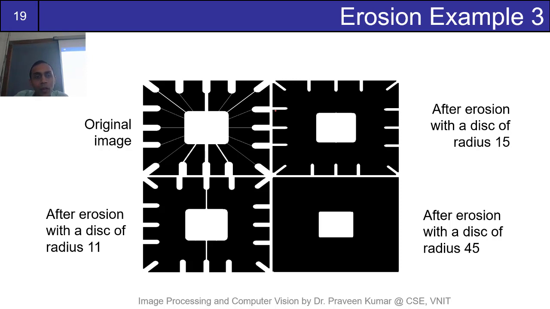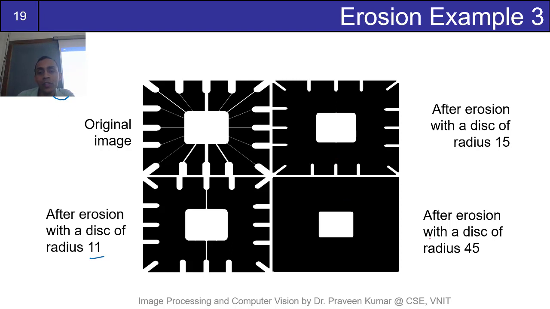So this is a simple example of applying an erosion operation using a disk structuring element. Here the structuring element is a disk shape of some radius 15. First, if you apply a radius of 11 by 11, then it has removed all those fine or thinner lines. The thicker line has survived. If you increase the radius to 15 by 15, even the thicker line has been removed.